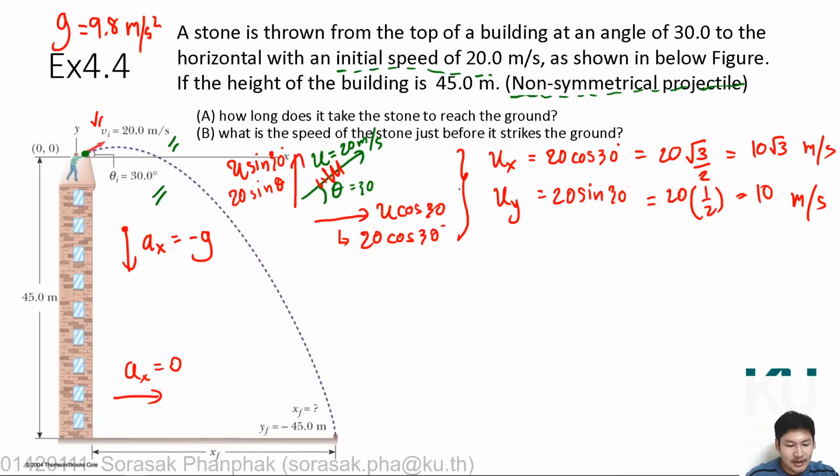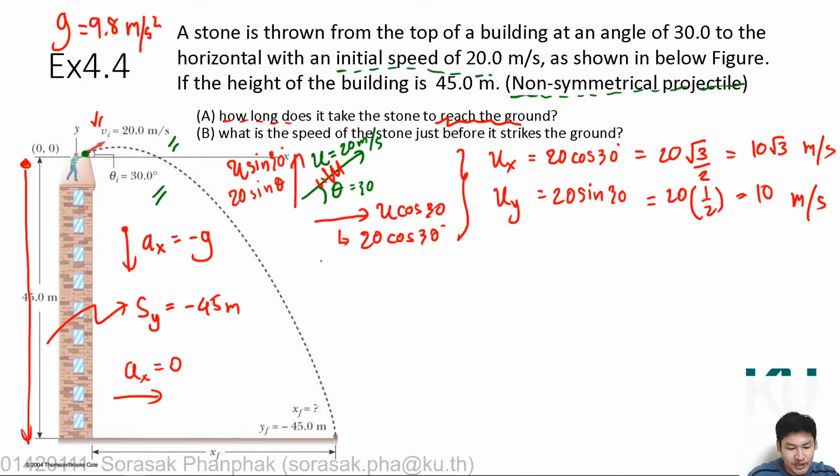The question is asking how long it takes until the stone reaches the ground. The displacement from this point to this is 45 meters. But if you look at the direction, you can see the displacement here along the y direction is minus 45 meters.